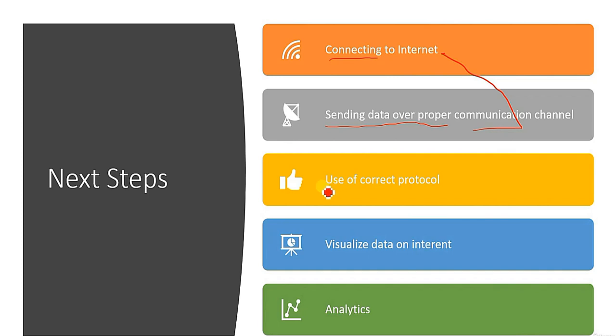Then, after having decided the communication channel, we have to understand what protocol we have to use in order to send data to our internet-based server. Once the data comes onto the server, the next thing is to see how we can visualize the data and then perform some valuable analytics based upon our data.